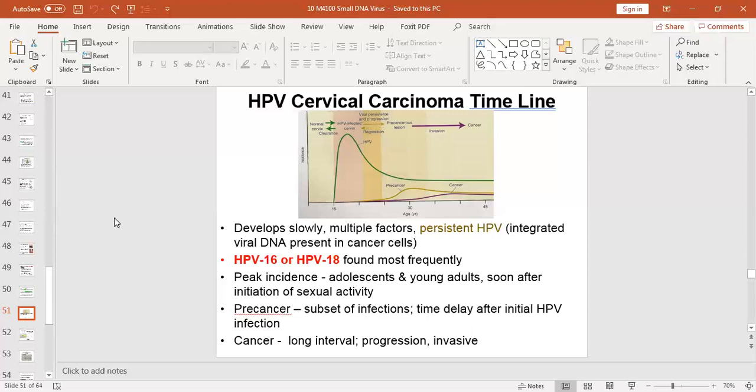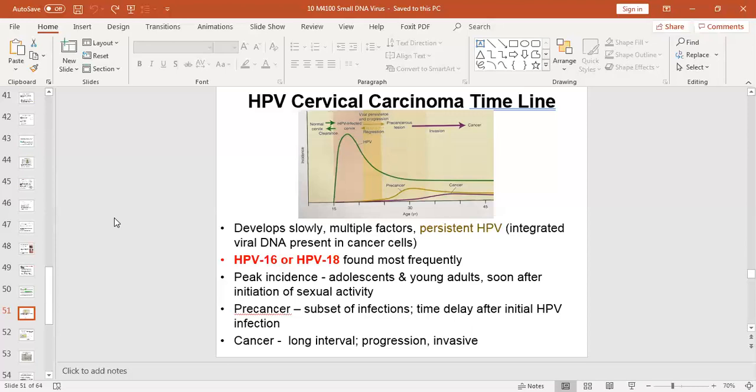So we have persistent HPV infection. This infection is where we have viral DNA being integrated into the host cell DNA and is present in the host cell. The most frequent serotypes of HPV that we see in cervical carcinoma are HPV 16 and 18.